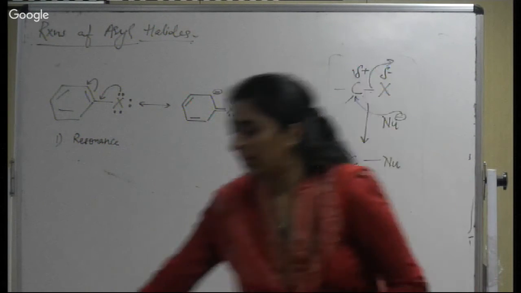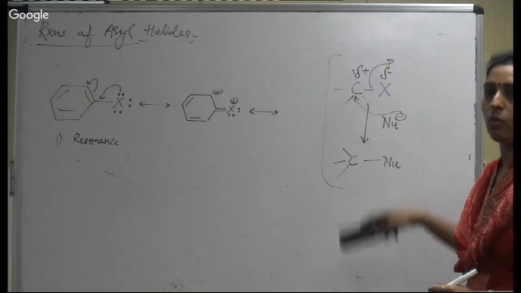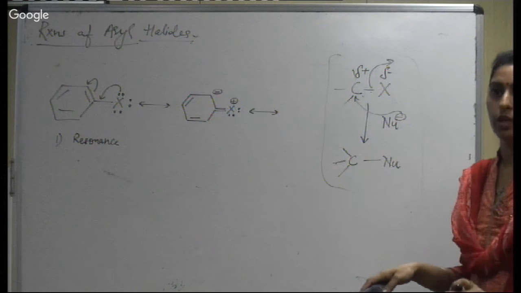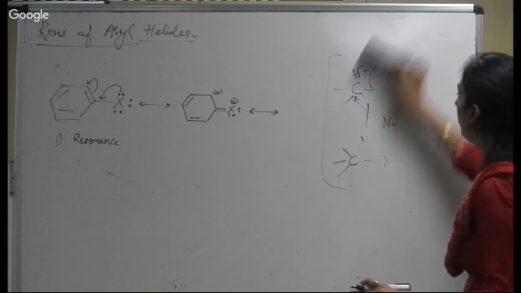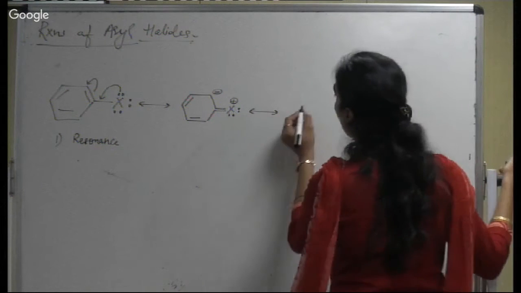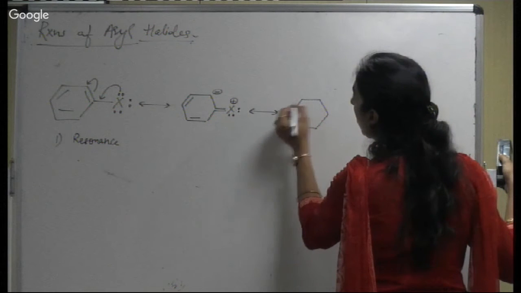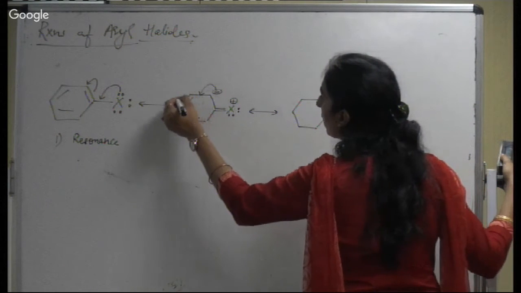In the case of alkyl halide, carbon will have to break only one bond, the carbon halogen single bond dissociation energy. But here, since the bond order is not one, it is more than that. So more energy is required to break the bond.